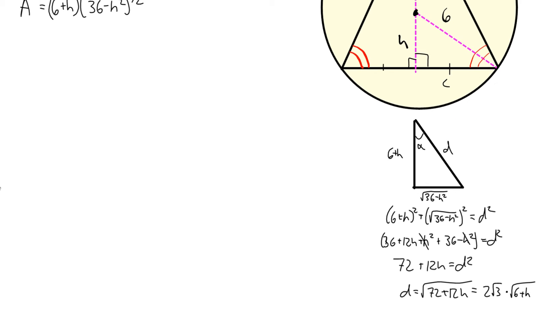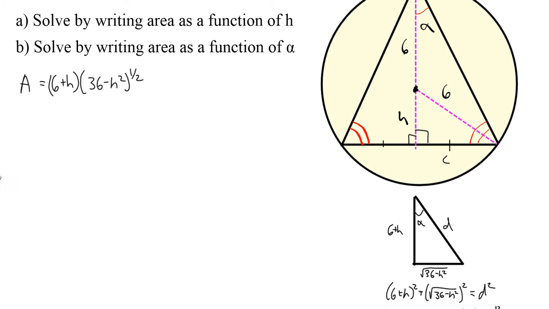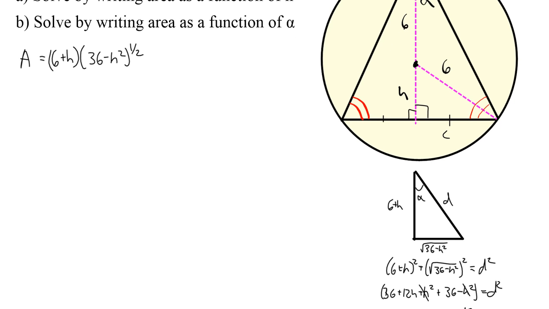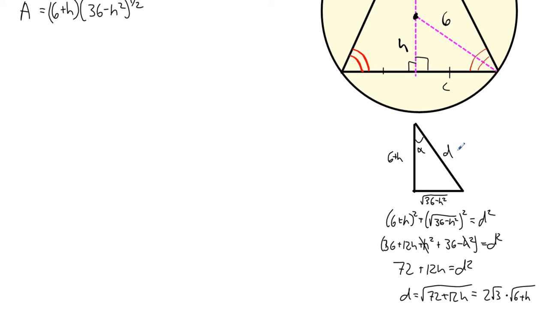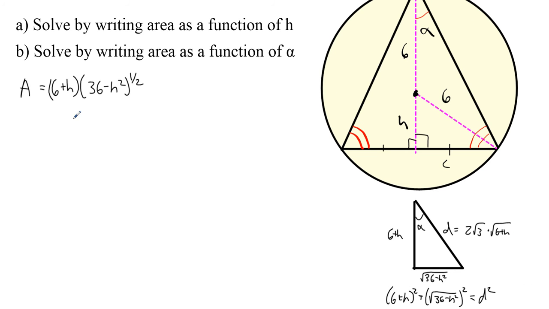And that's my value here for this side d, which ends up being 2 square root of 3 times the square root of 6 plus h. All right, and I need that because I have a 6 plus h here.